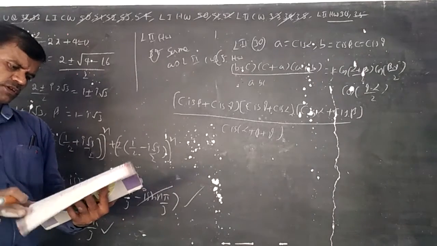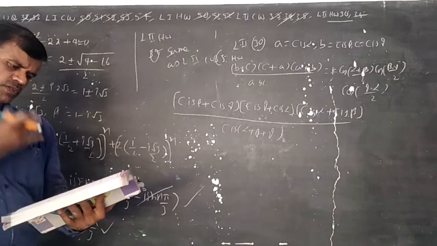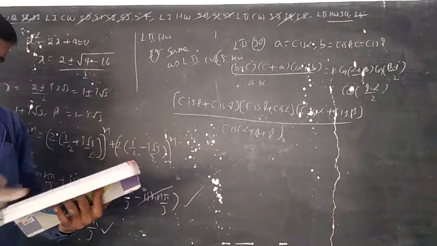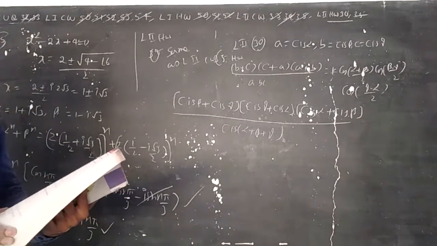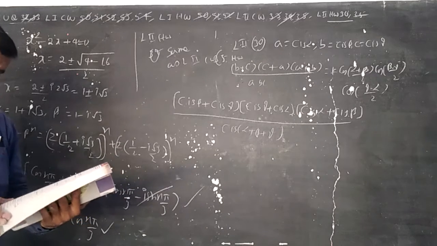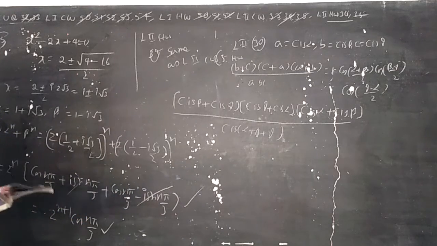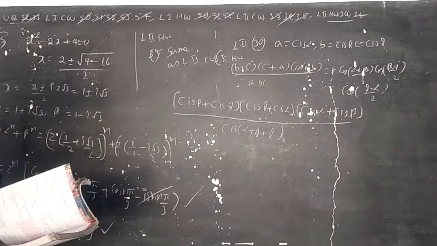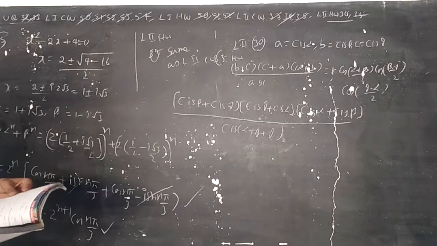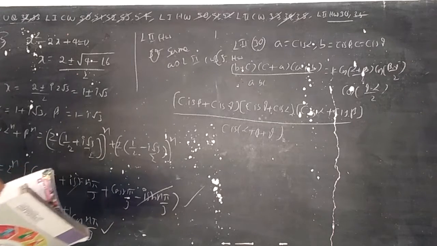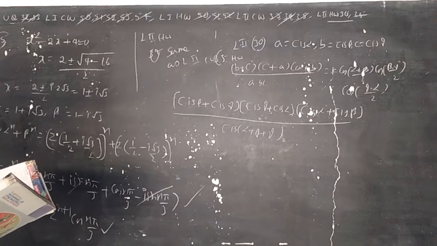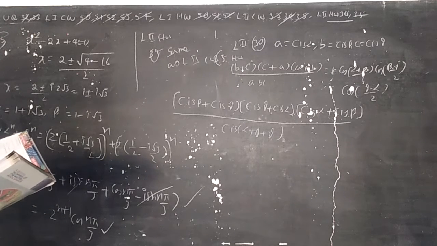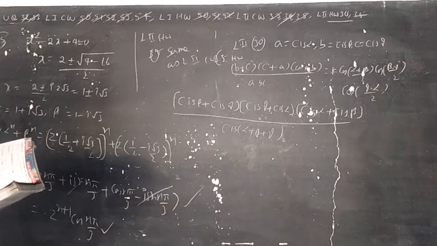Level 2 homework 30th question. A = cis α, B = cis β, everything is given. Level 2 homework 30.